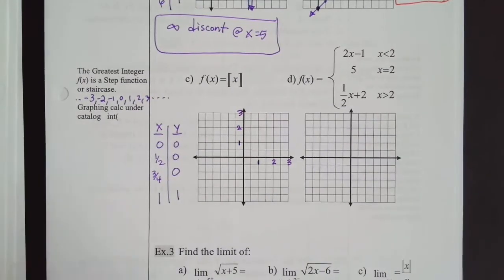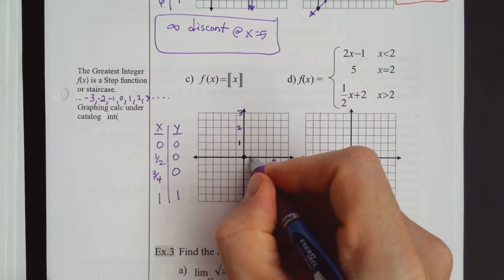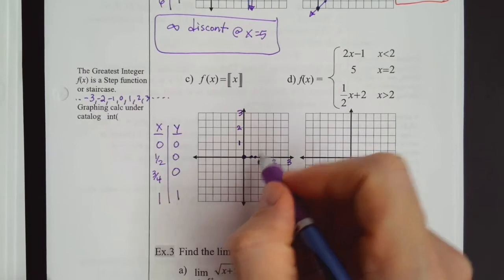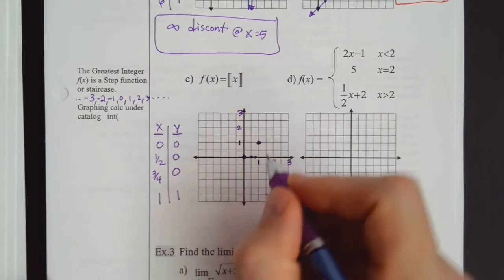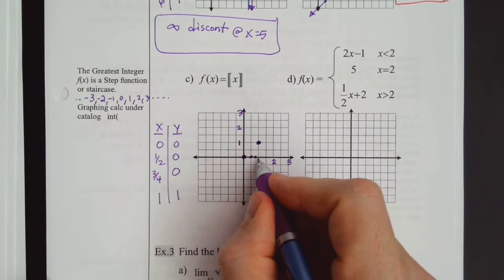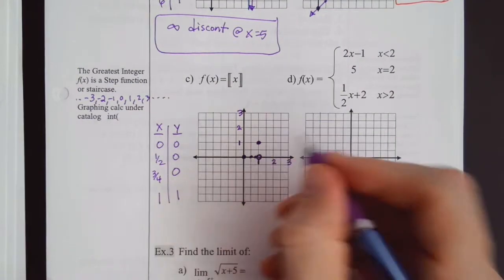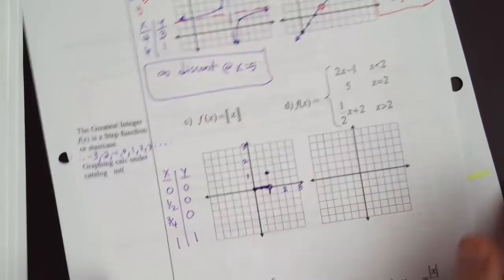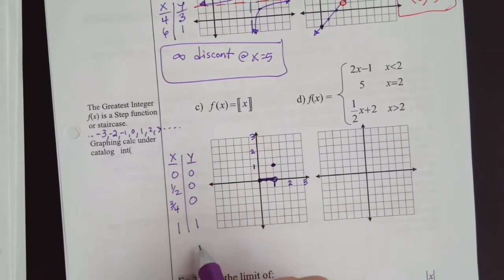All right, so if we look at what's happening here, we have (0, 0), so we plot that. We have (1/2, 0). We have (3/4, 0), all the way until we get up to 1. When we get up to 1, we have (1, 1). So that's up here. So this is going to go all the way up to 1, but it's never going to reach 1. It's going to be 0.99999, so we're going to put a hole there. Now if you put in 1.5, that's going to be 1.